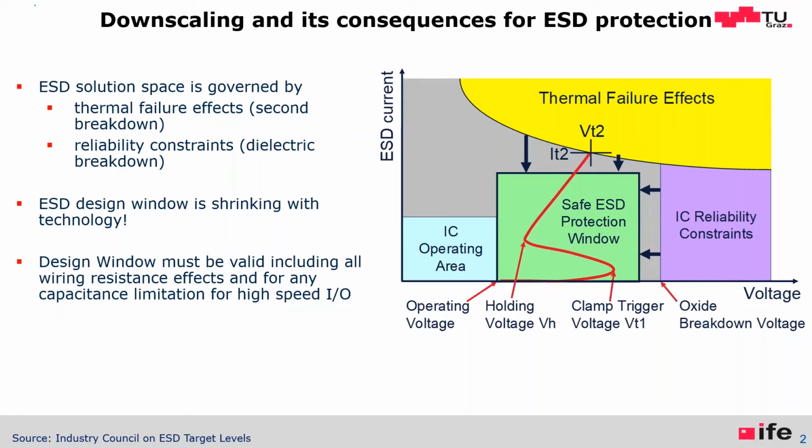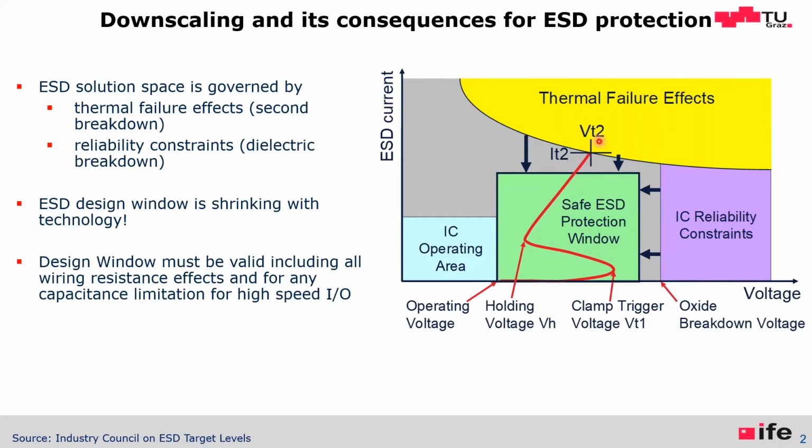In this diagram, I show ESD current and voltage. The normal operating area of an IC may be a 500 millivolt swing, maybe 5 milliamps for the data. If we go to high current, maybe 2 amps for 100 nanoseconds, then the IC is destroyed.